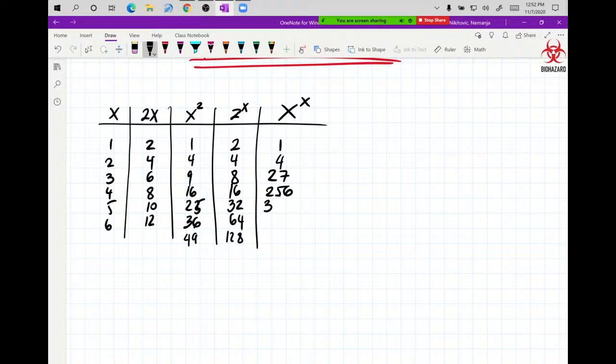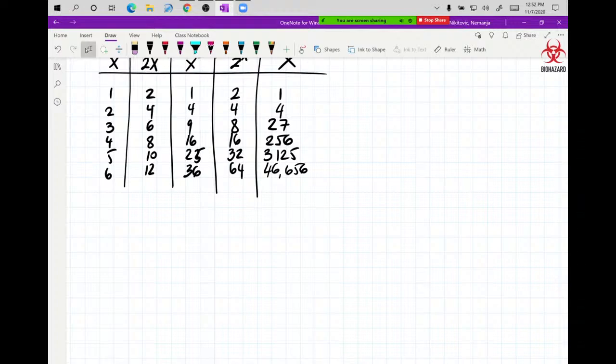So 3,125. 6 to the 6 is 46,656. Right? Don't even worry about 7 and so on. So what we see here is how quickly these formulas grow, right? As you do this.